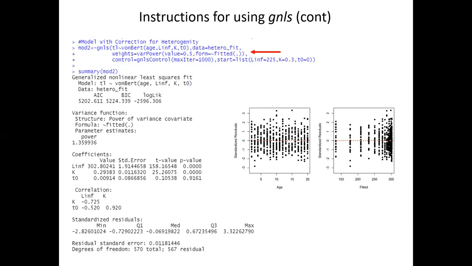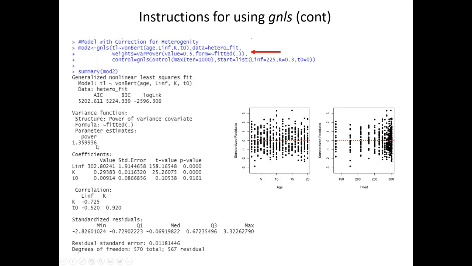So you need to fix that. And the way to do that is you use that variance power function within the weights command here. You don't need to provide a starting value, although you can, which is the value equals up here. And so you just run it normally. In the output, when you do a summary, you'll see the parameters up above here.